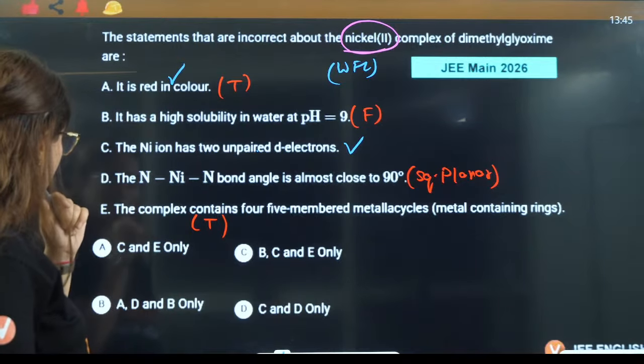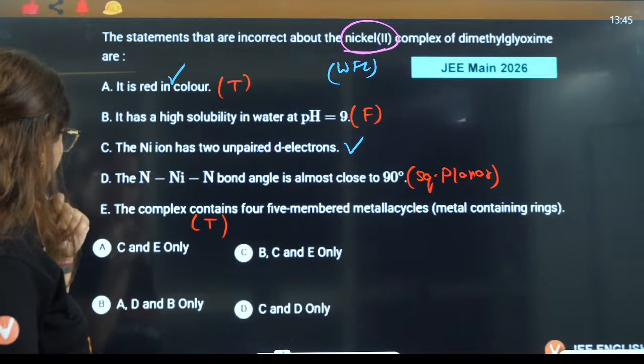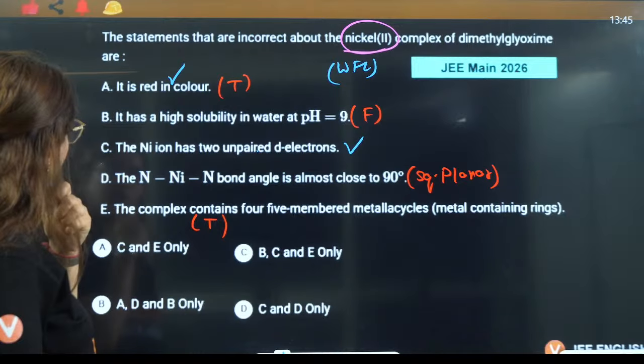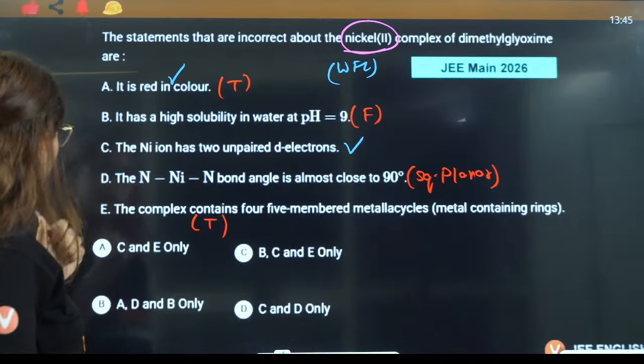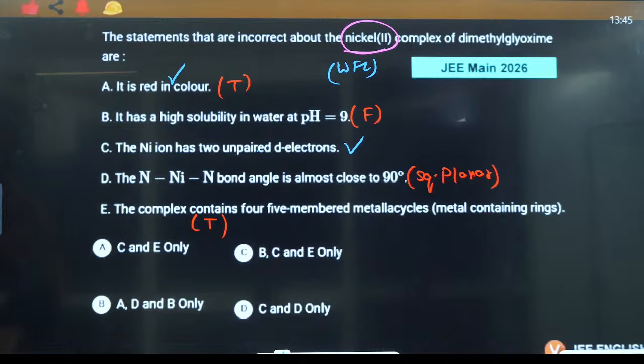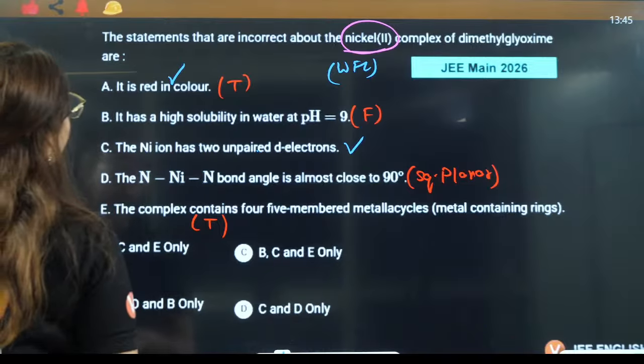Wait a minute, just give me a second. They're asking incorrect what? Achha, they're asking for incorrect statements.